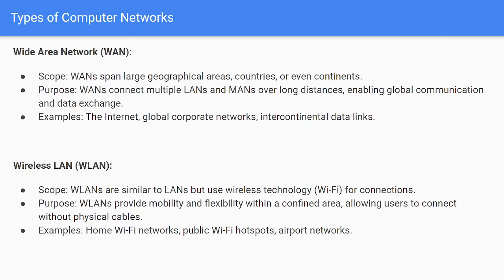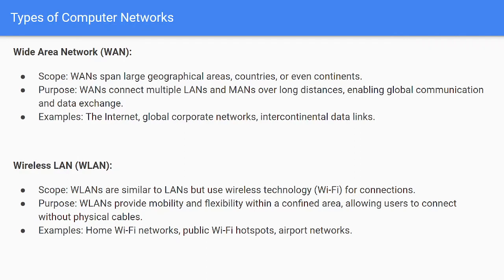Then the wide area network is a combination or connection of multiple local area networks and multiple metropolitan area networks. So basically the difference is the size. When you are thinking about the difference, just know that the difference is size. I think that way it will be easier to understand.